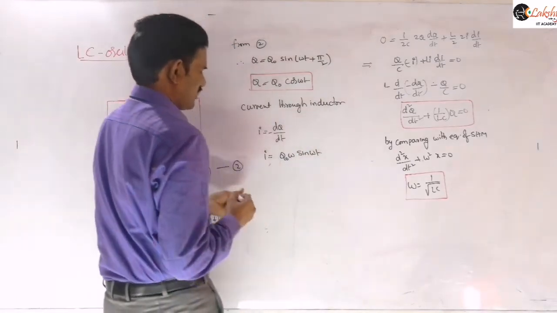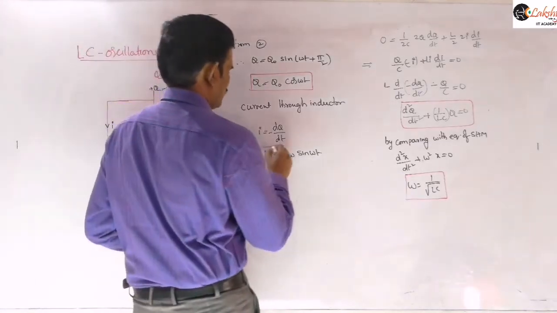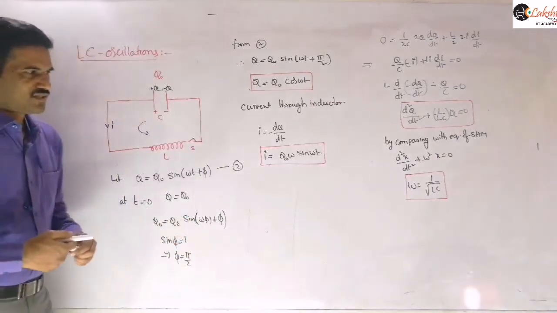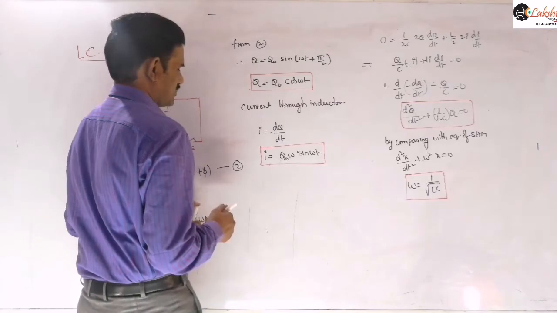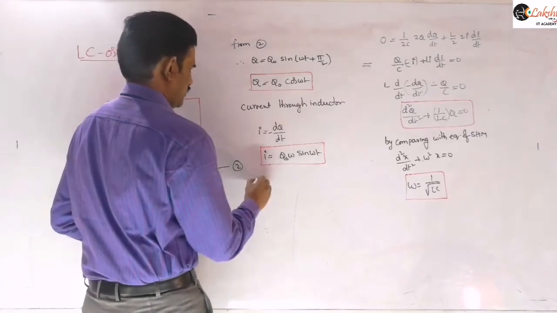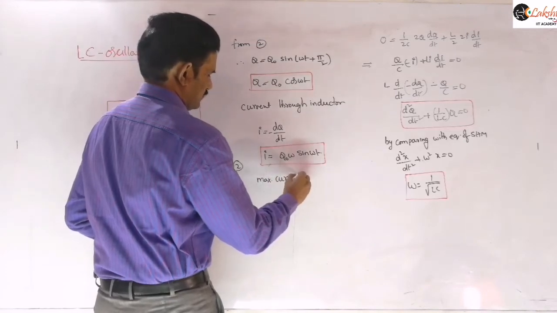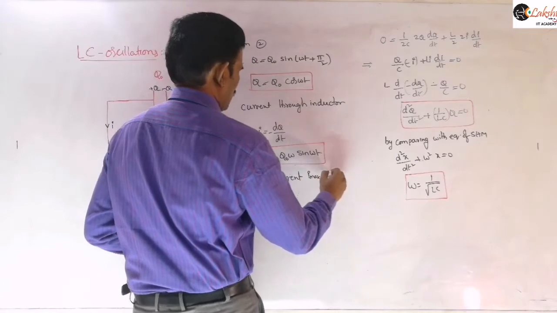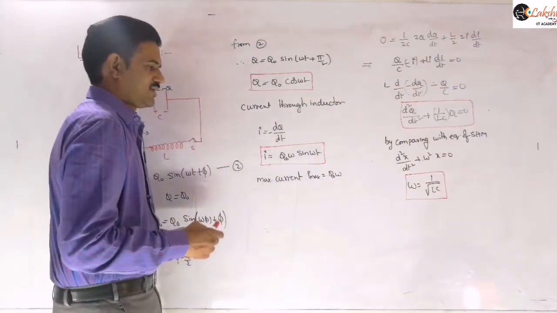So this will be our equation for the current at any instant. And so the maximum current is nothing but q naught into omega. So I max = q naught into omega, you can write.